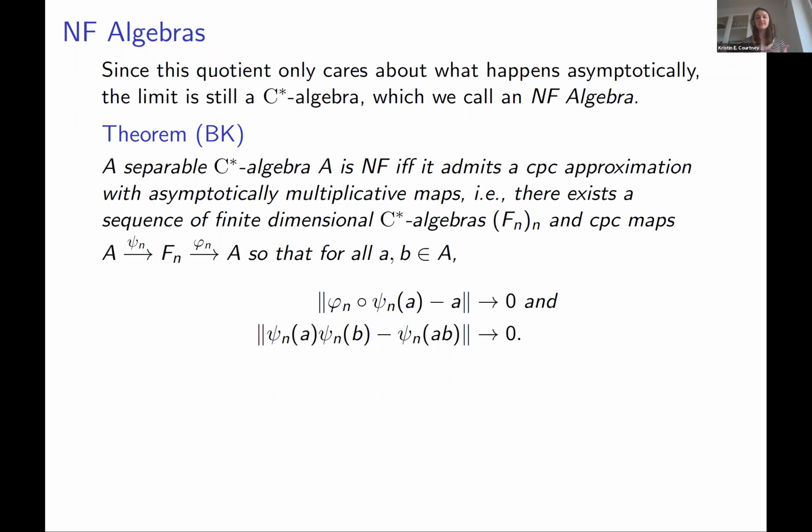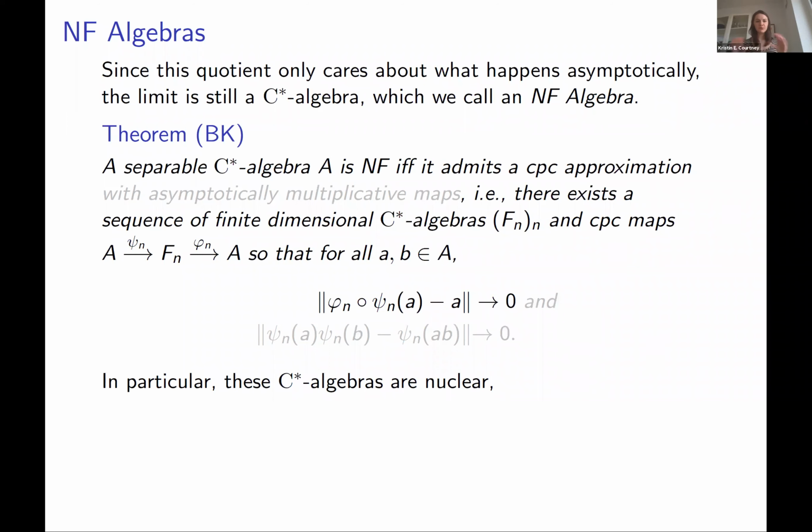So that means that we have, in this case, a sequence of finite dimensional C-star algebras and CPC maps going from my C-star algebra A, factoring through these finite dimensional C-star algebras, so that, first of all, the first criterion that we see here is saying that the composition of these maps converges pointwise in norm to the identity map on A. And the second condition is the asymptotically multiplicative condition.